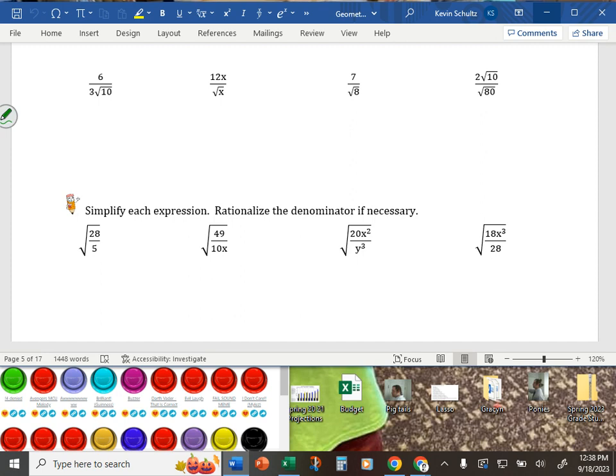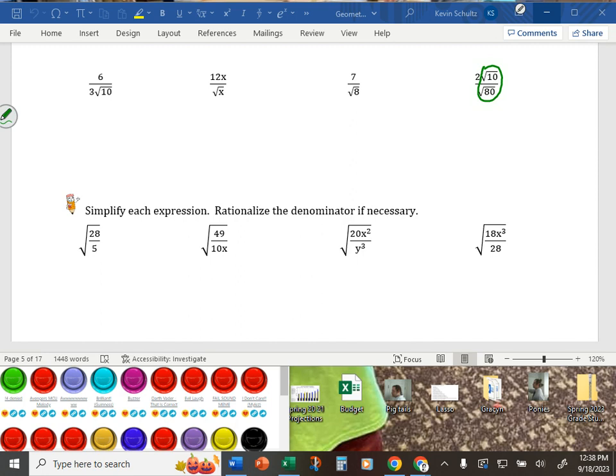Finn. So with the 6 over 3 root 10, you used the 6 and the 3 to get 2 over 1. Yes. Can you do the same thing with the root 10 and the root 80? Indeed you can. Because these are both under a root, they can be simplified vertically. You can think about it as the root of 10/80ths.